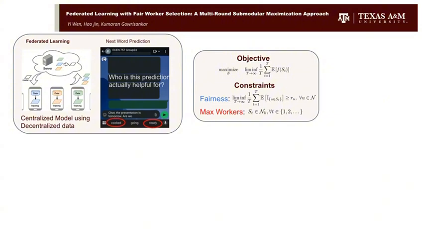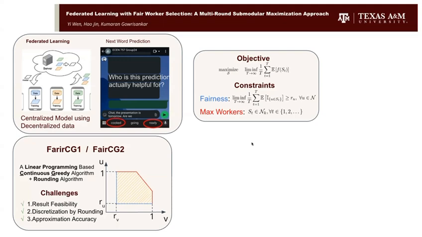This is an NP-hard problem that can only be approximated. To do so, the paper first proposes a continuous greedy algorithm called FairCG. This algorithm searches for the optimal utility in the continuous space within the fairness and max worker constraints.